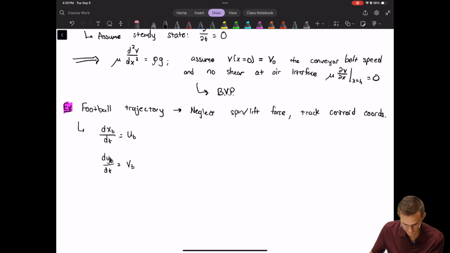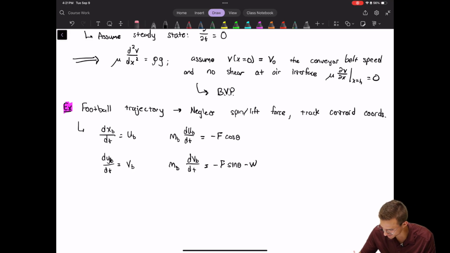And then from Newton's second law, we know that the mass of the ball times du_b/dt is equal to minus F cosine theta. Here, let me draw. I should have drawn the diagram first, but I will after writing these equations down. m_b dv_b/dt is equal to minus F sine of theta minus the weight of the ball.